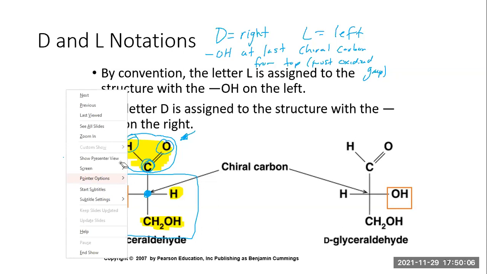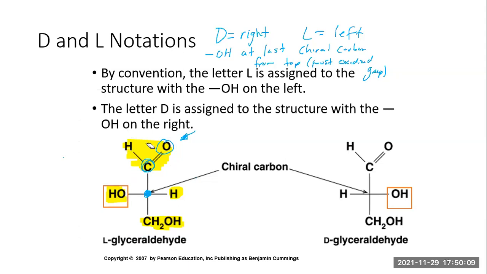So let's get rid of some of these lines. When we look at the carbon that's now circled, it has one group, which is this entire thing, which is different than the OH group there, different than the hydrogen, and different than this group down here. That would actually be our very last chiral carbon.